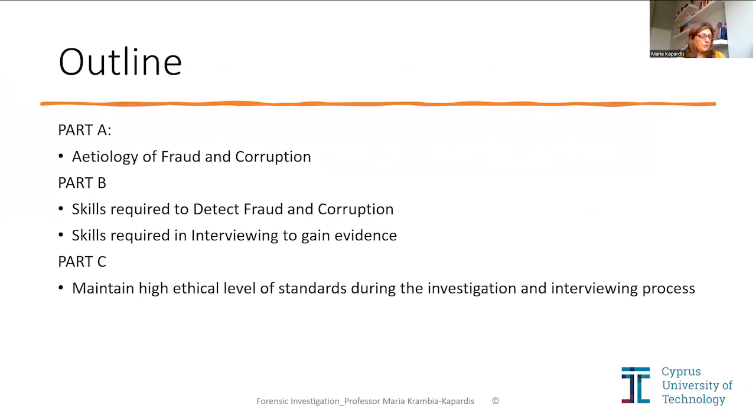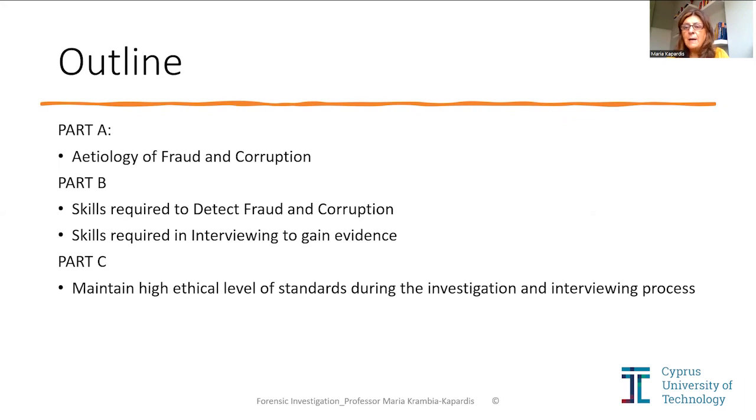Now, this presentation is split up into 3 parts. The first part is the etiology of fraud and corruption. I'd like to set the scene, as some of you may not be quite well versed with the topic. Then we move on to part B, which is the skills required to detect fraud and corruption, and the skills required in interviewing suspects and gaining evidence.